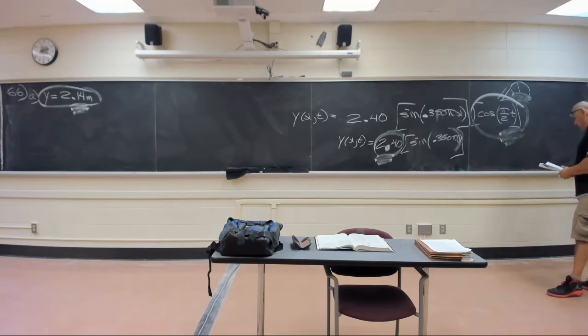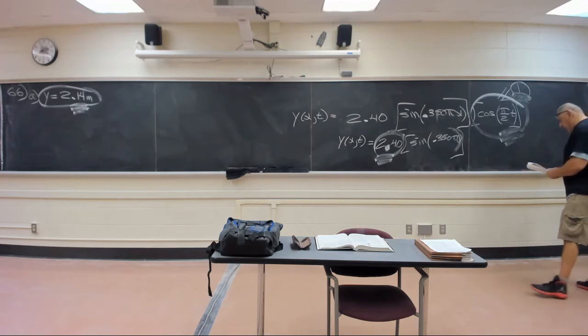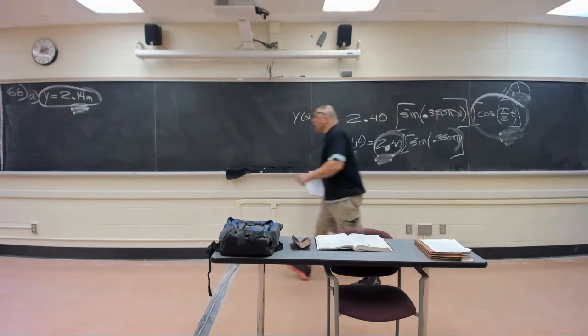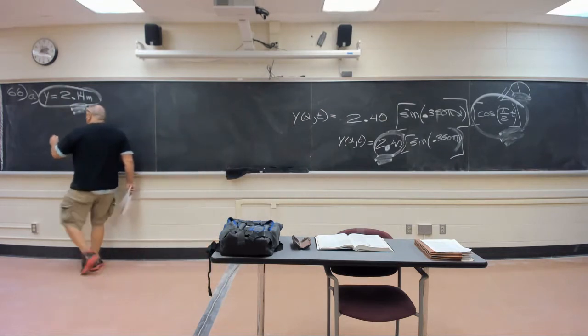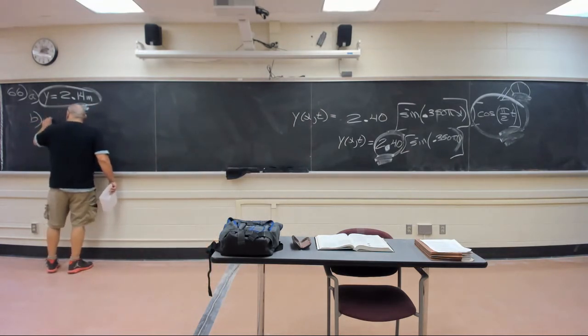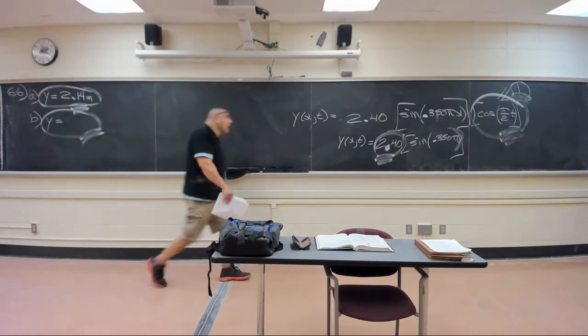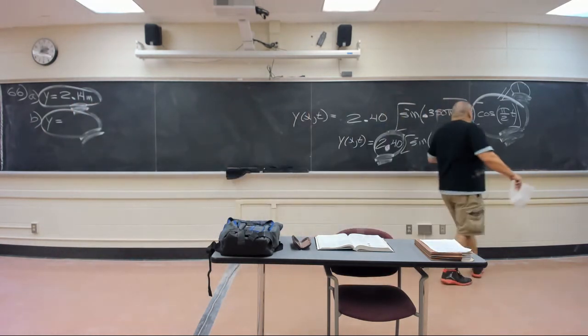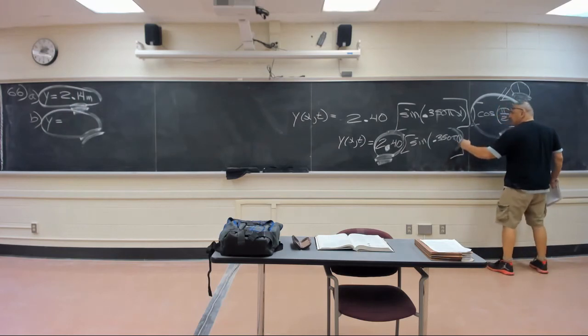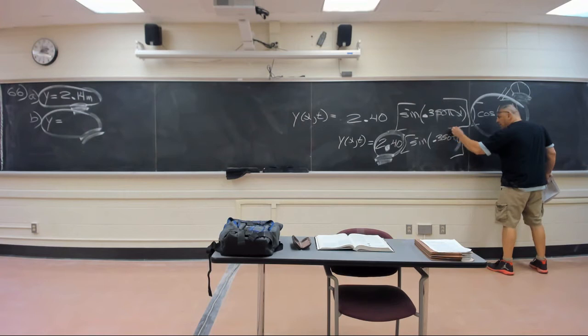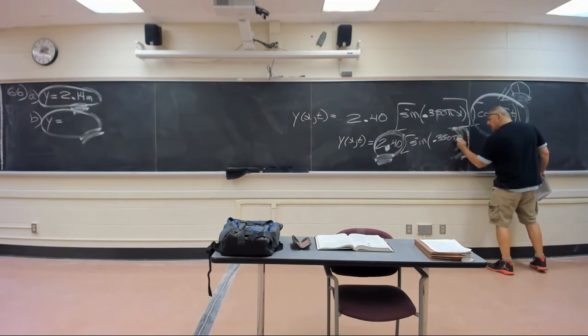Let's talk about what it would be at 3. Likewise for 3, at x equals 3, y would be equal to what? Well, here was x equals 1. Here was x equals 1, and we did all the monkey business and got the answer. All right, so let's see.